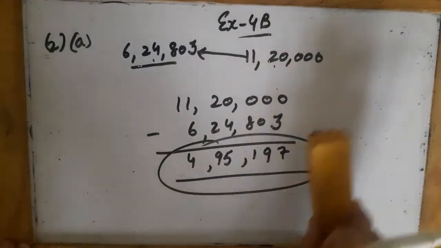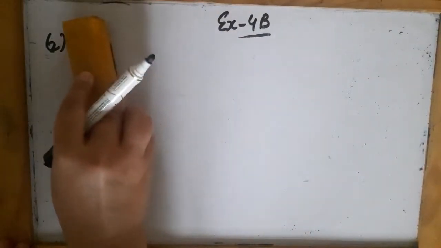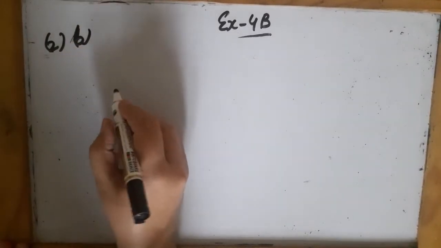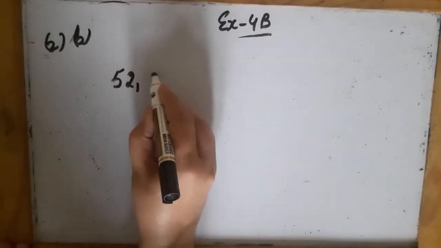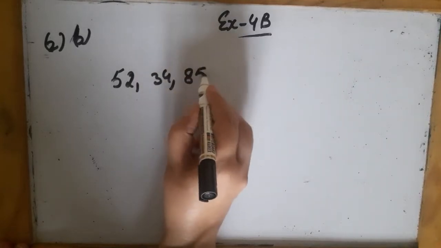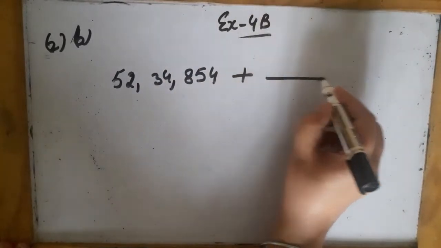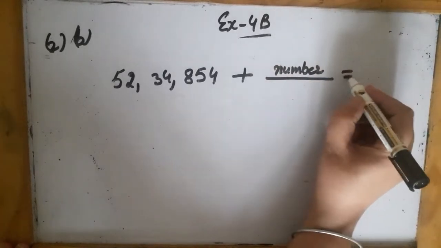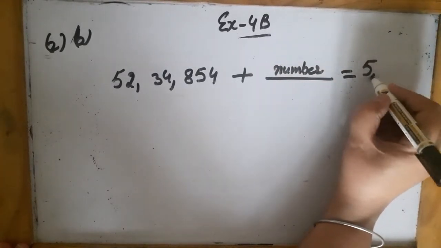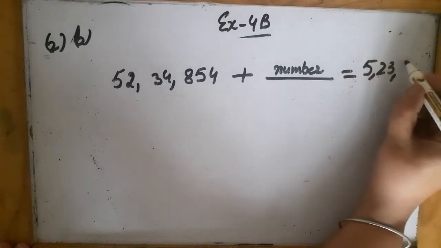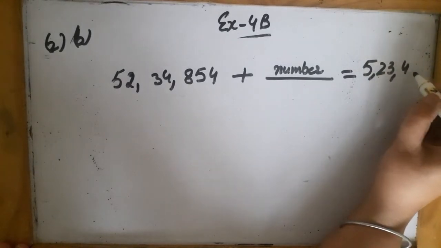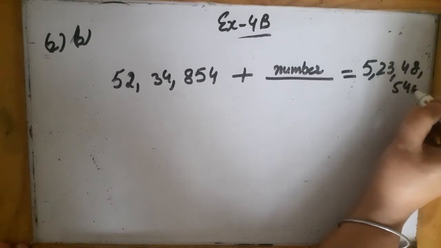Now for the B part of this question, they are saying what should be added to this number. इस नंबर में मैं कितना ऐड करूँ, I don't know what I should add in this number to make it 5 crores 23 lakhs 48,540.